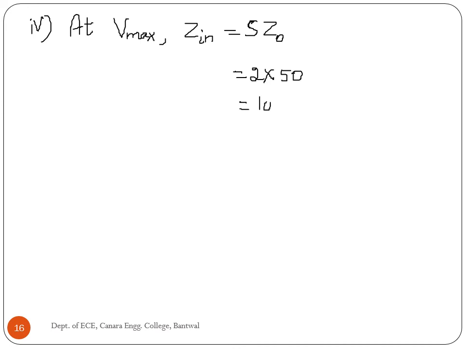At V max, impedance is equal to VSWR into characteristic impedance, which is equal to 2 into 50 ohm, is equal to 100 ohm.